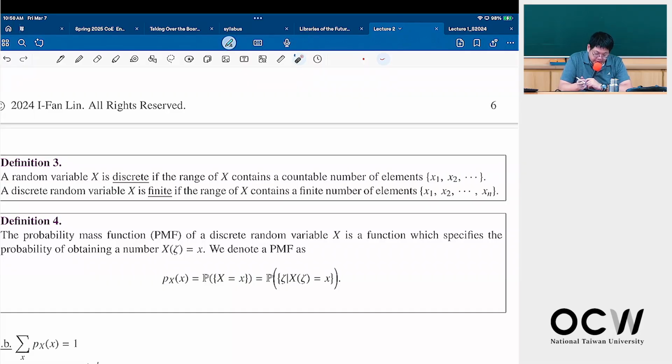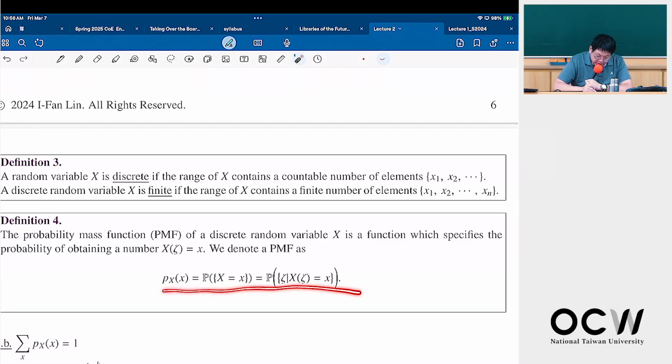So the PMF is a function, because we call it a mass function. That function specifies the probability of obtaining the number X equals the deterministic x. And we denote this PMF here.